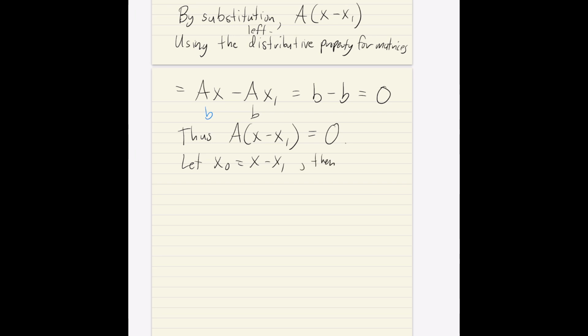Then x naught is a solution to the homogeneous system Ax equals 0.